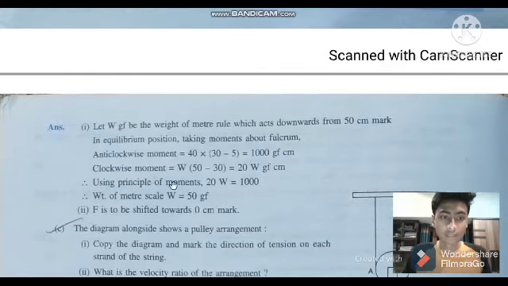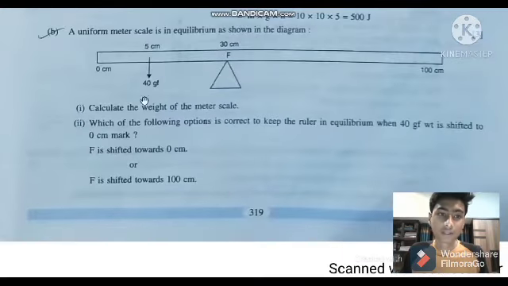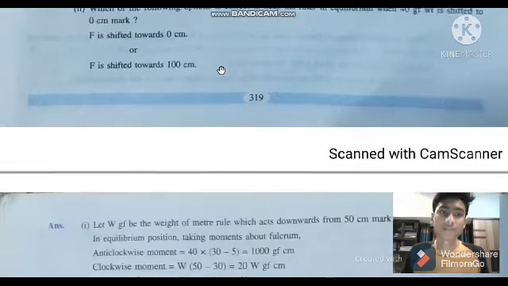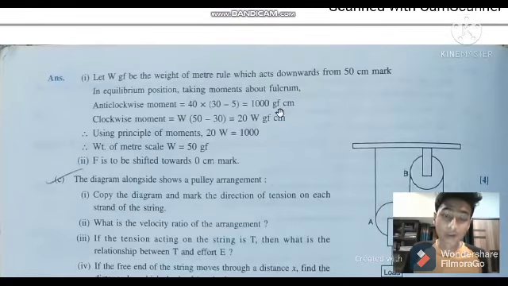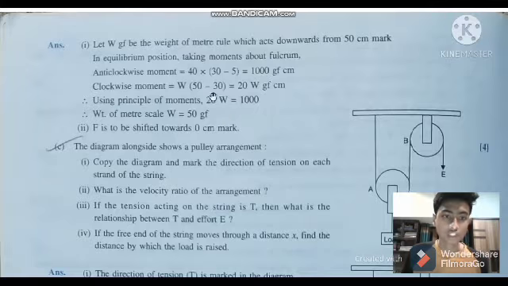Calculating from the diagram, it's 30 minus 5. So it's 40 gf into 25, which is 1000 gf centimeter. In the clockwise direction, W into 20, that is 20W gf centimeter. You just have to equate them. W comes to 50 gf. That's the weight of your meter scale.